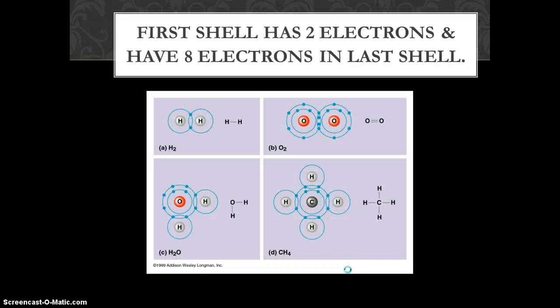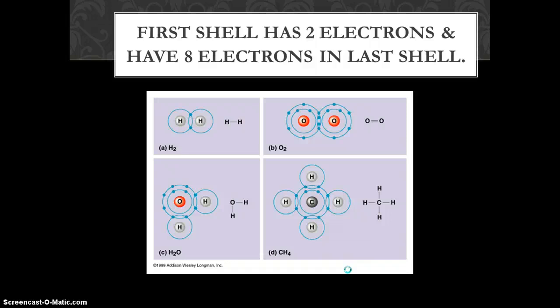So the first shell can only contain 2. So here's an example of hydrogen. Hydrogen only has 1 electron, so it can share 1 more. An energy level will want to be stable, and for the first orbit it wants to have 2, the second 8. So if it's missing some electrons, that atom wants to search for those missing electrons to become stable.